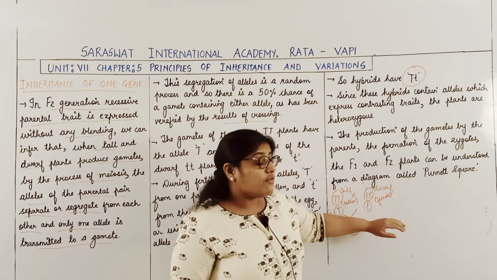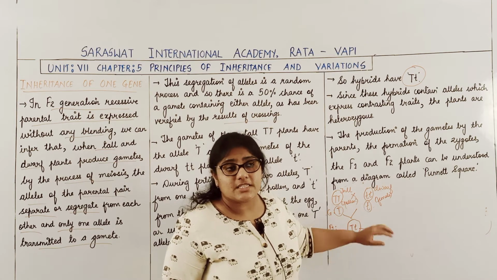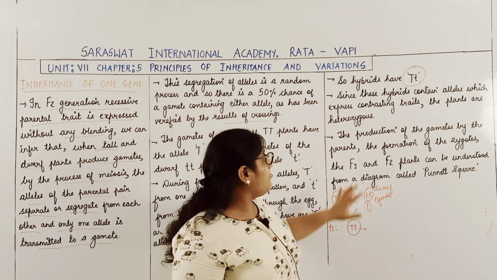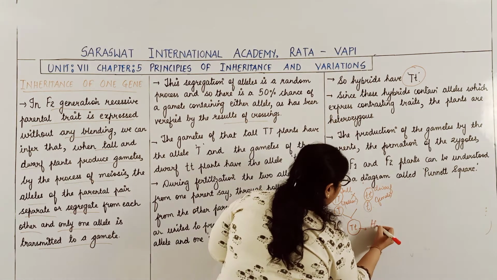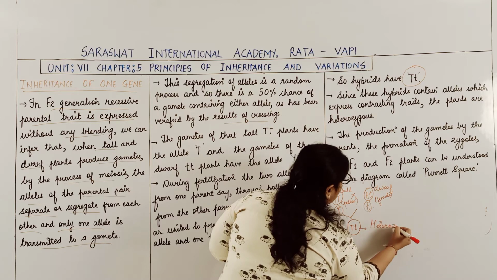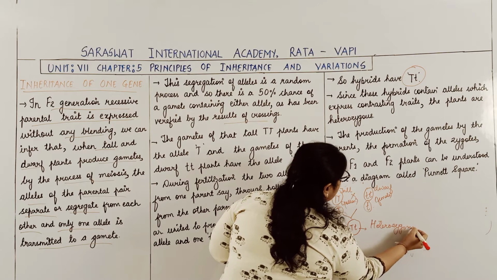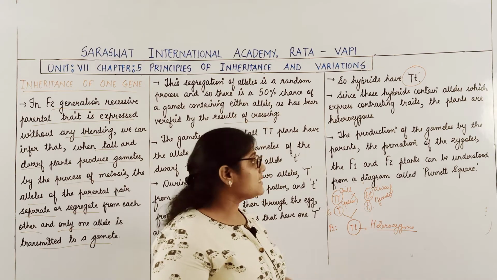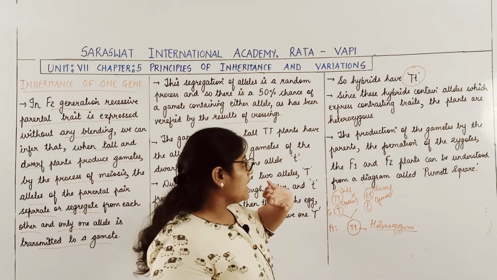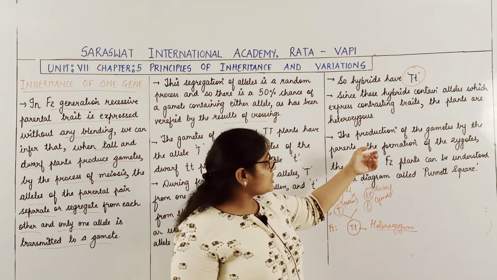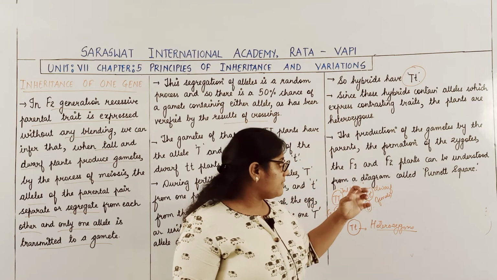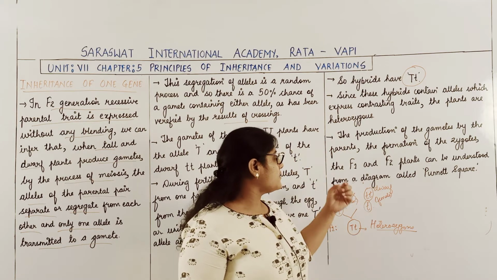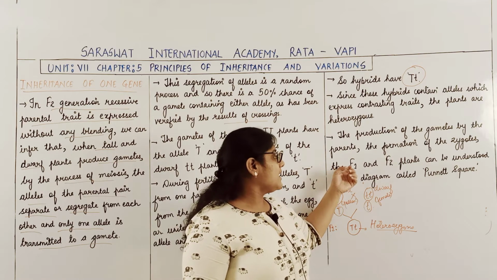Tallness. One of the alleles expresses which character? Dwarfness. So the plants are which type of plants? These are heterozygous. Which type of plants? Heterozygous.